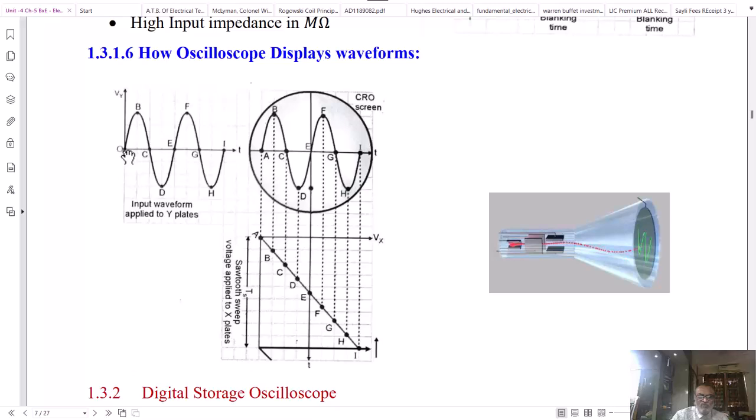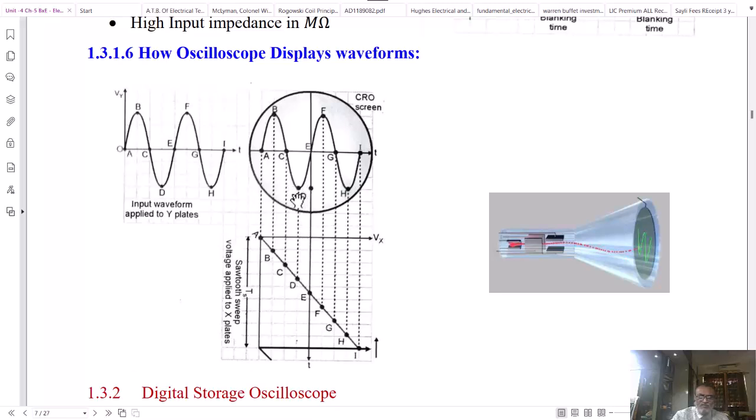So just project this point C here on the screen and this C point vertically. The cross section of the two lines gives the point C. Now whenever the input reaches the D point voltage, then vertically the beam will be deflected by this much distance. So just plot this and extend this on the screen. Similarly, extend the line from point D on the time base waveform vertically.